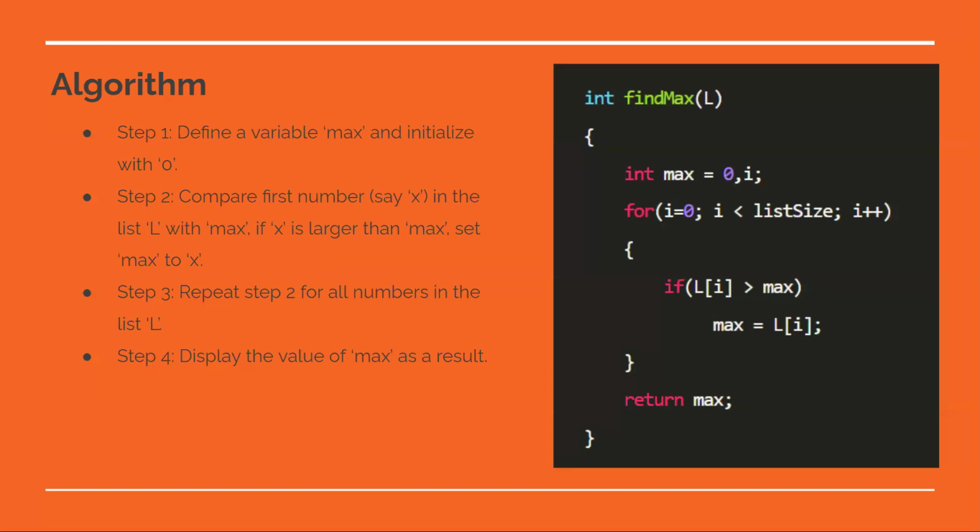Step 2: compare the first number, X, in the list L with max. If X is larger than max, set max to X. Step 3: repeat step 2 for all numbers in the list L. Step 4: display the value of max as a result.